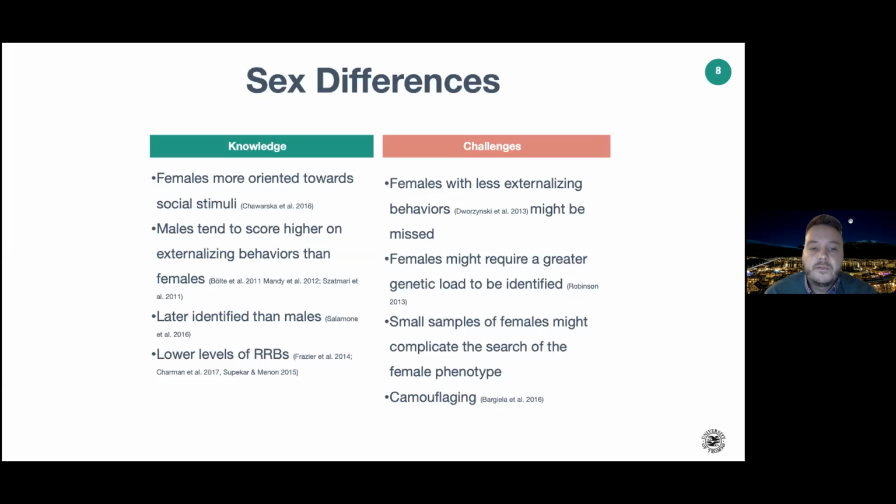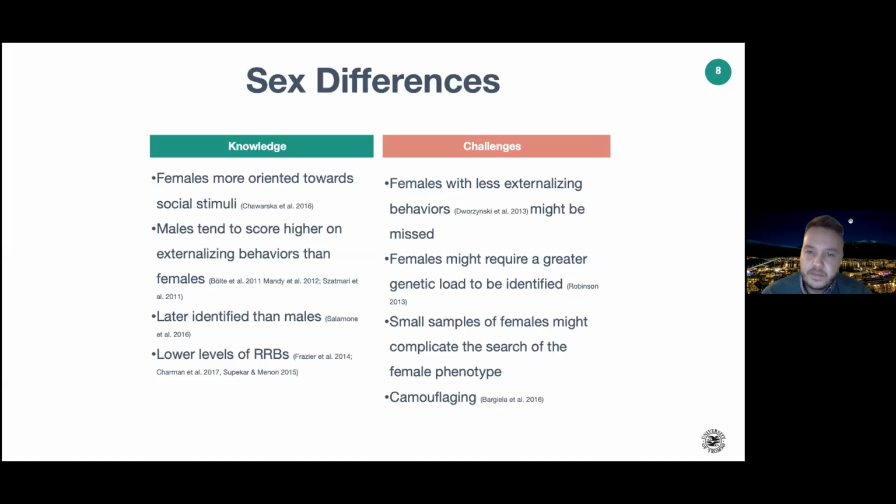And we also know that females are later identified than males, especially when they have complex phrase speech. We know that there is a fairly big difference between males and females. And we also know that females have lower levels of repetitive and restricted behaviors. However, it might be that they have more of the stereotyped interest, but they have lower levels of this very visible externalizing behavior.